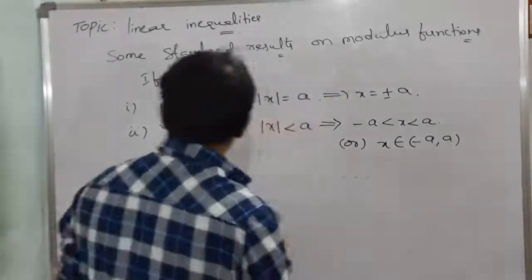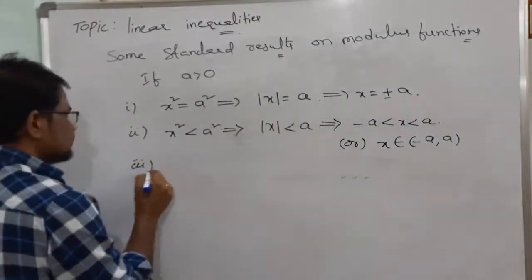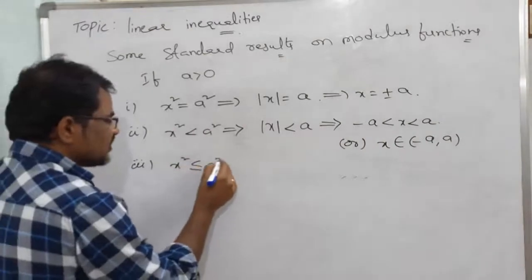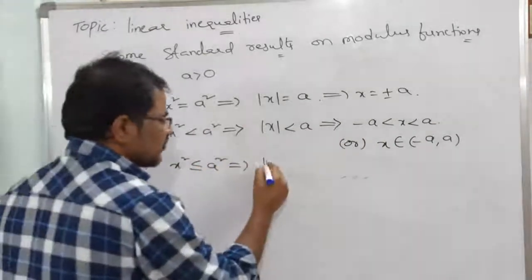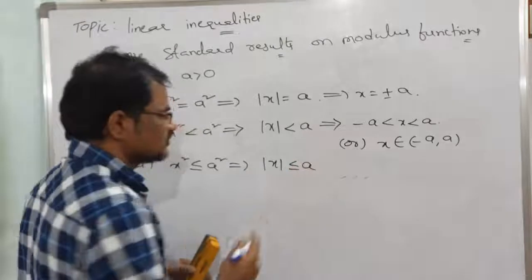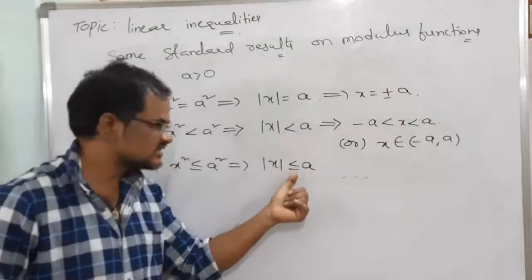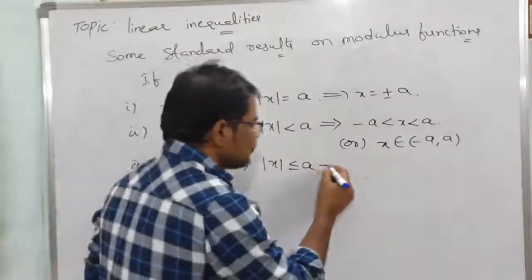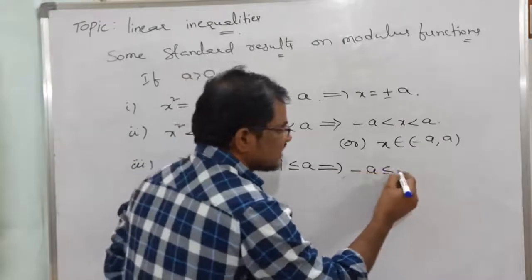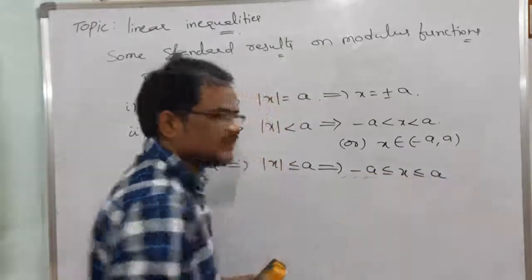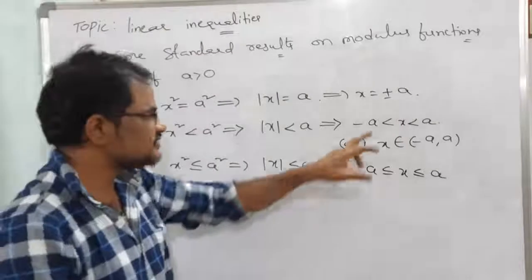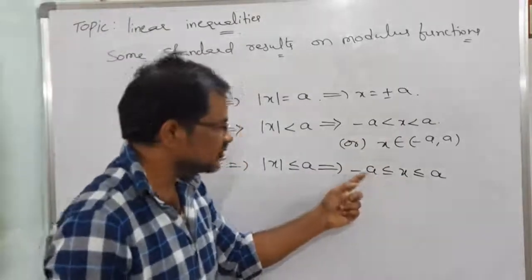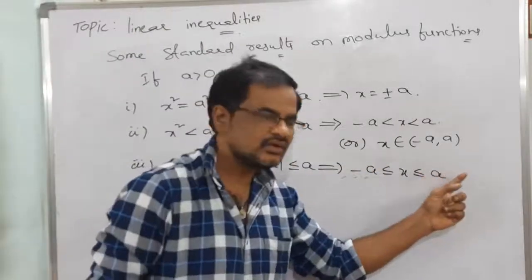Next one is, suppose x square less than or equal to a square. How to write? mod x less than or equal to a. The earlier one is a strict inequality, this is a slack inequality. So how to write this? Minus a less than or equal to x less than or equal to a. What is the difference between these two? Here x equal to minus a also we have to take, and x equal to a also.